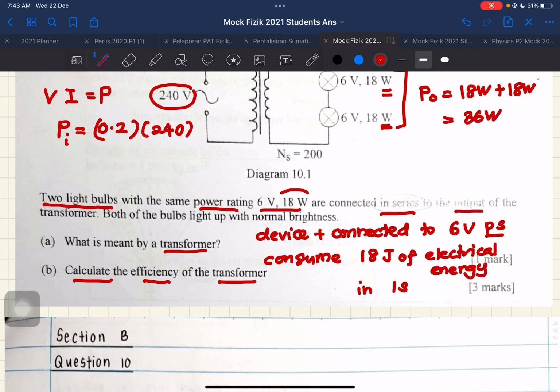Why? Because 18 watt is actually equal to 18 joule per second.